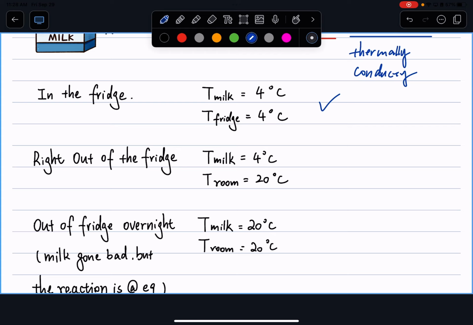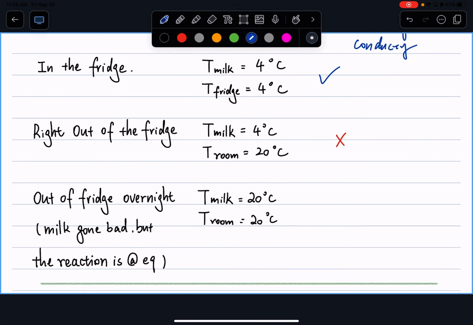And what if we just take it out of the refrigerator? Now the temperature inside is 4 degrees Celsius, and the room temperature is 20 degrees Celsius. So is the state of that milk that we just took out of the refrigerator in equilibrium with the surrounding? No, right, because it's thermally conducting, so the temperature will change. There is heat transfer taking place.